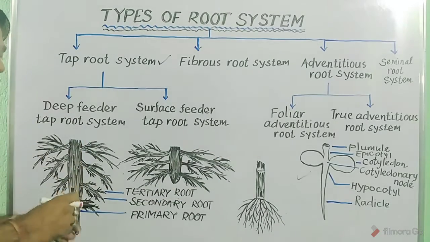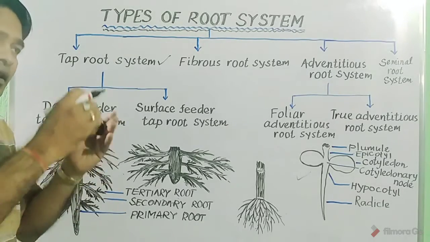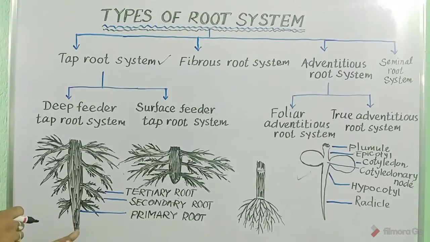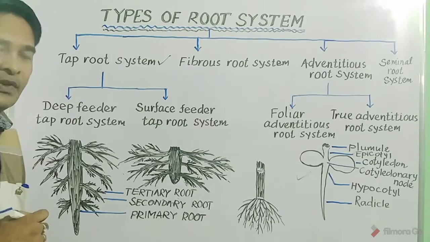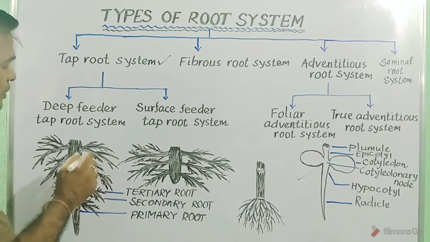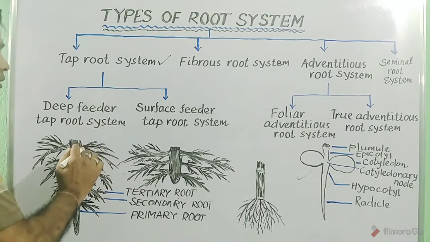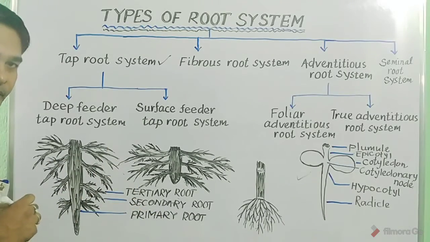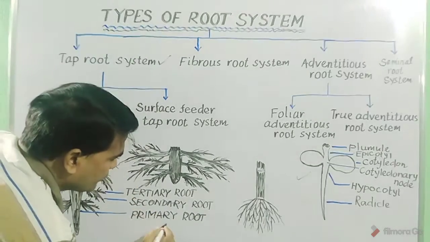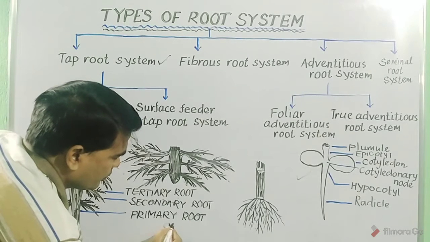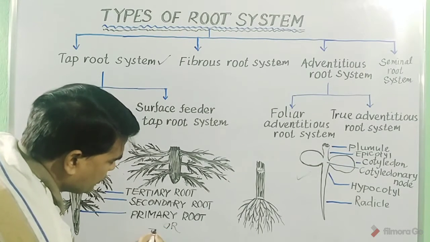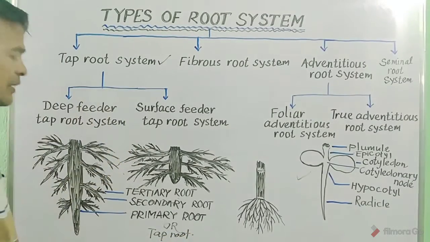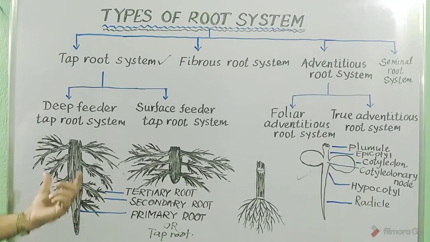It grows towards the gravity or along the gravity, and that's why it is orthogeotropic. Several secondary roots grow over the primary root, which is also called the taproot. That's why this root system is called taproot system.